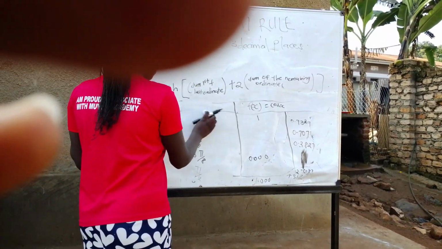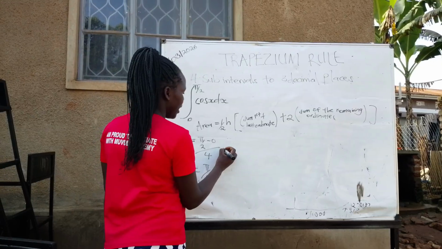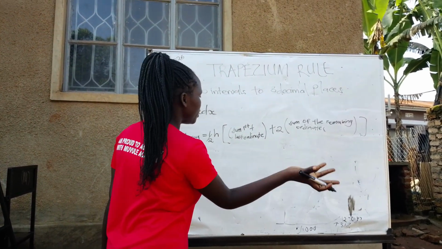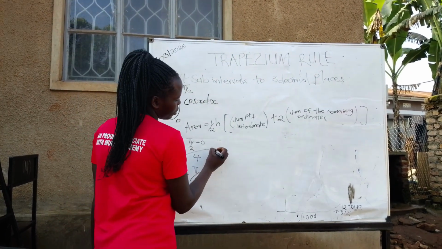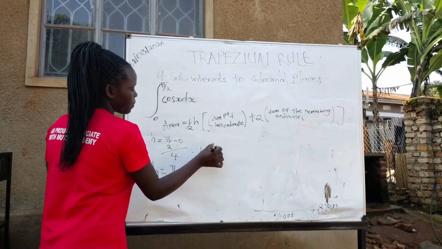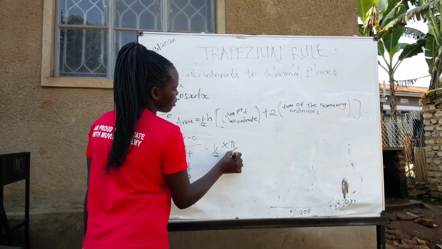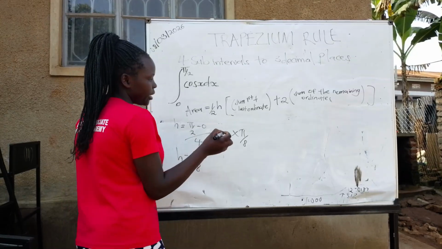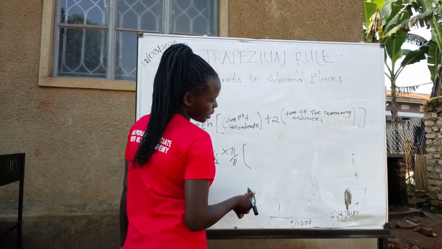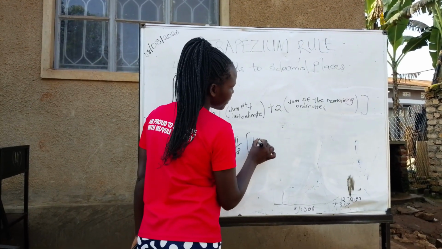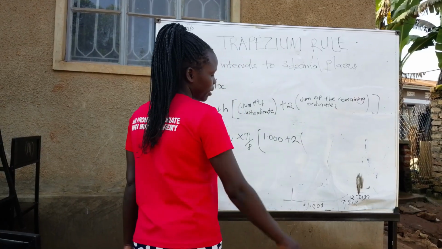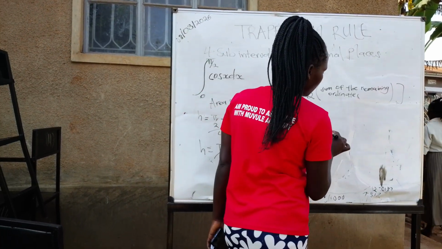Putting our h, the sum of the first plus the last ordinate, and the sum of the remaining ordinates into the formula, our formula is a half h. Our h is pi over 8, and the sum of the first plus the last ordinate is 1.00, plus 2 times the sum of the remaining ordinates, which is 2.0137.